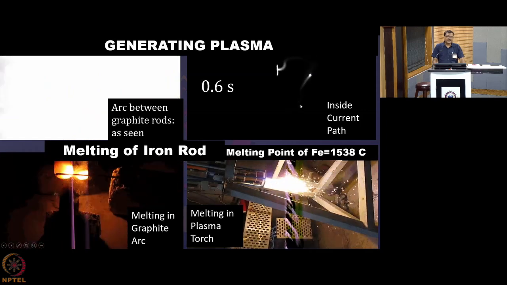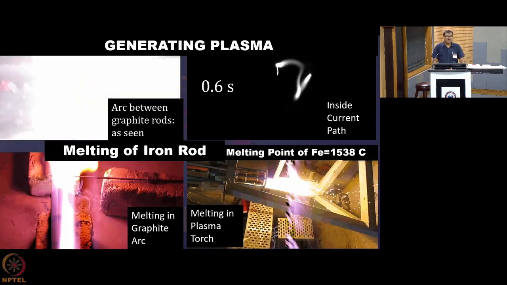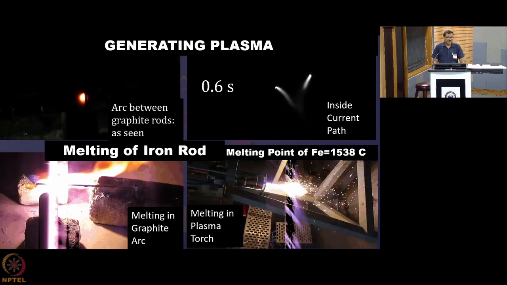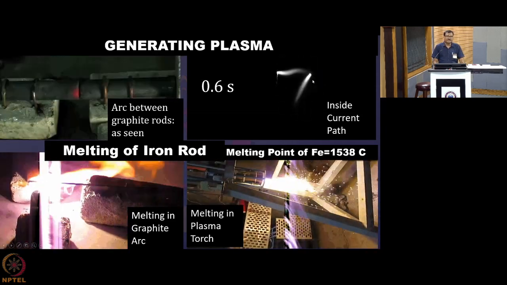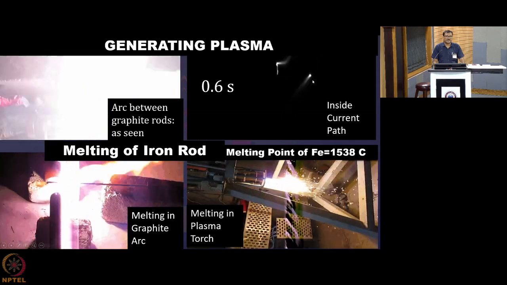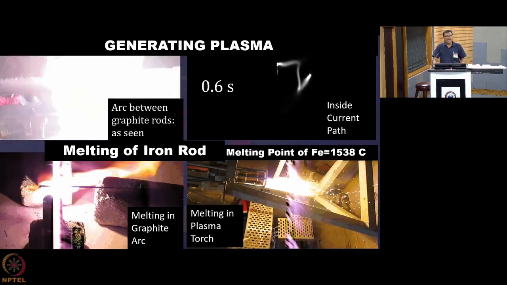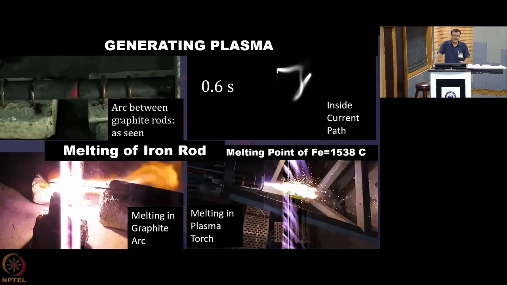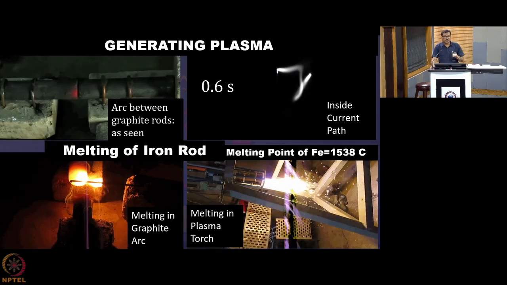Now I told you that it has a very high temperature, okay? But how high? Can it melt an iron rod? Or can it reach some temperature if you use a special configuration? Actually, this subject of thermal plasma originated from here.